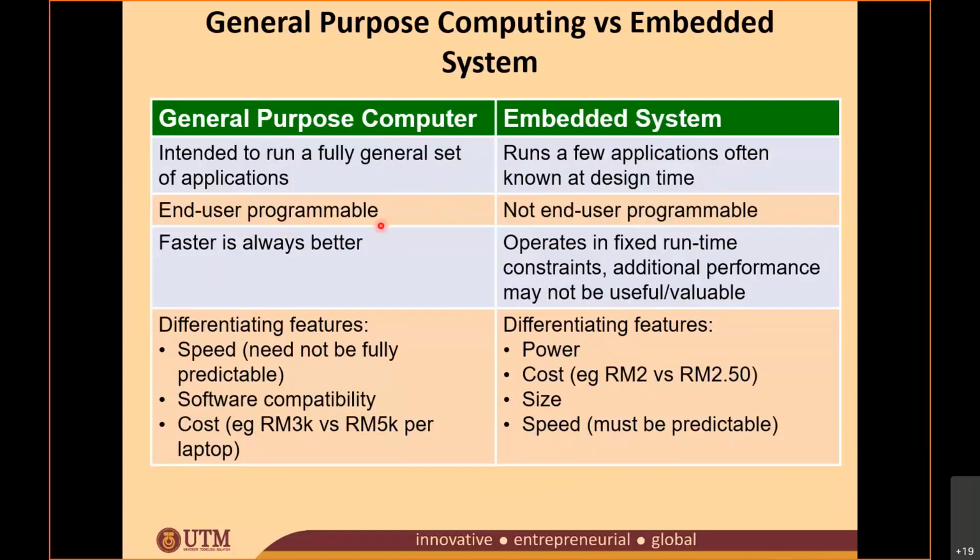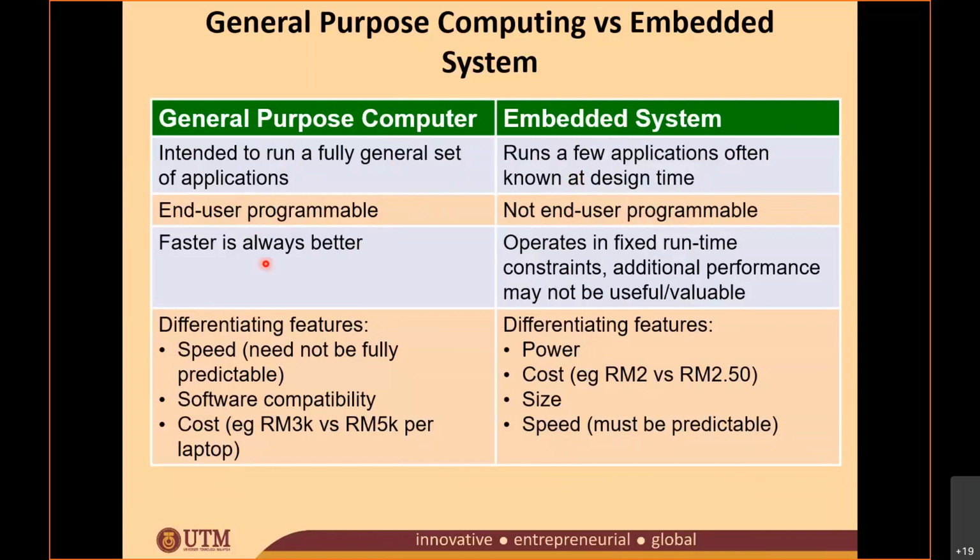If you want to run another application, you just install or program the application on your computer, and after that you can run it. The embedded system is not end user programmable. You cannot add a new feature or new application to your embedded system.